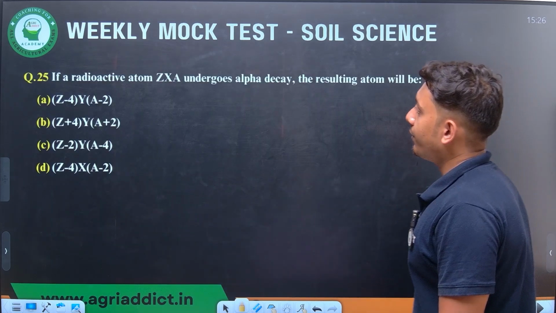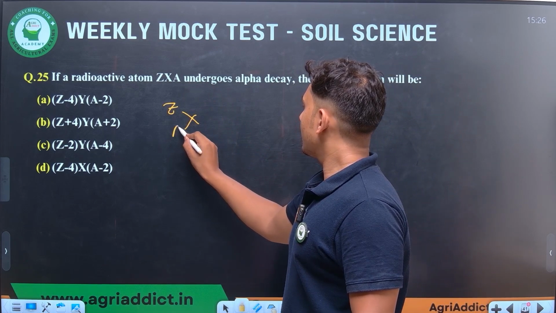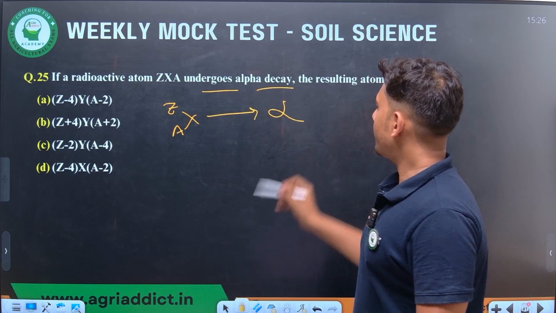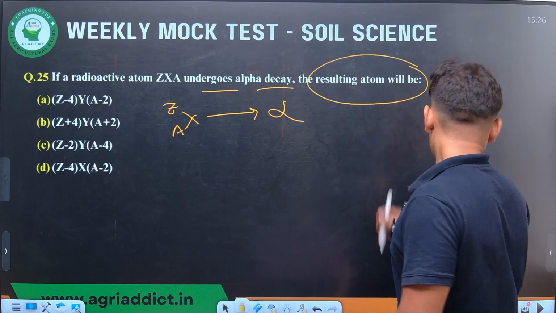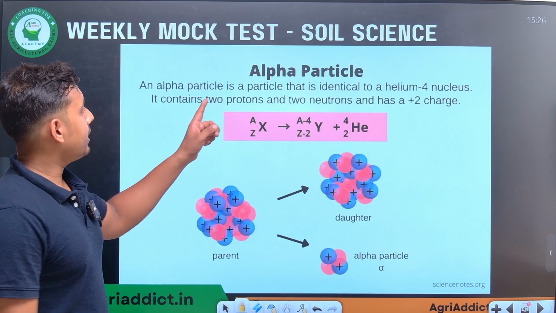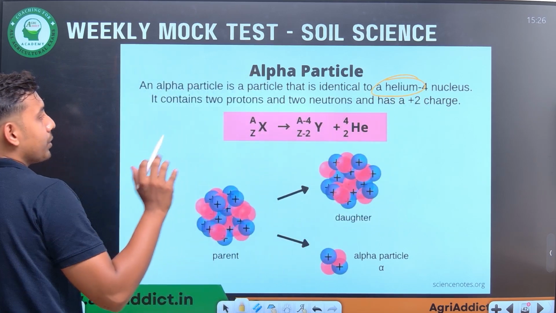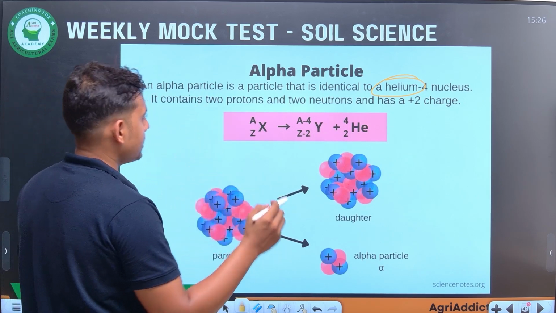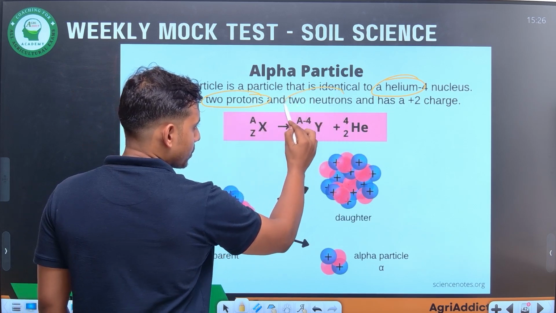Next, if a radioactive atom undergoes alpha decay, that means it will remove one alpha particle. What will be the resulting atom? So what is an alpha particle? An alpha particle is identical to a helium nucleus, which contains 2 protons and 2 neutrons.